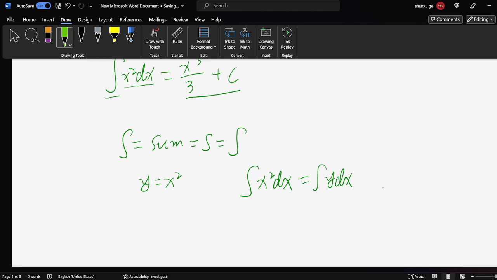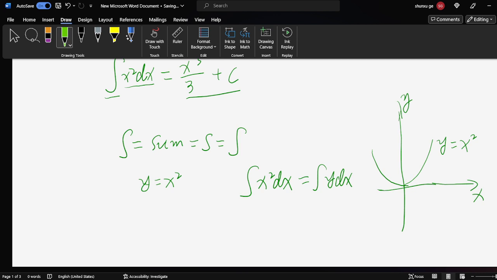The graph is here. y equal x squared is about this. Okay, this is the graph. This is x, and here is y.